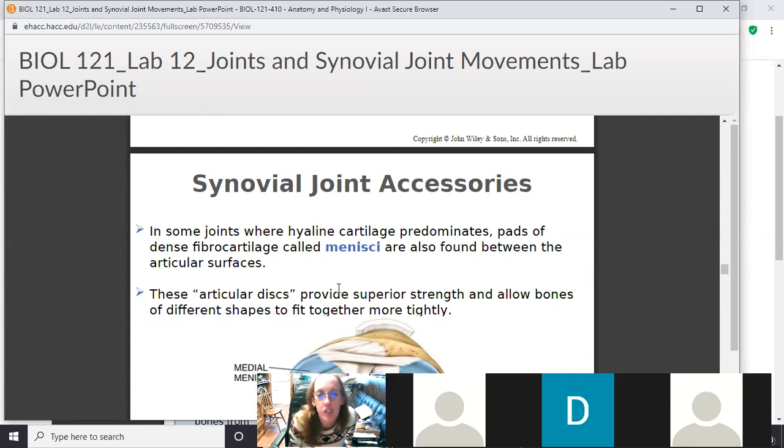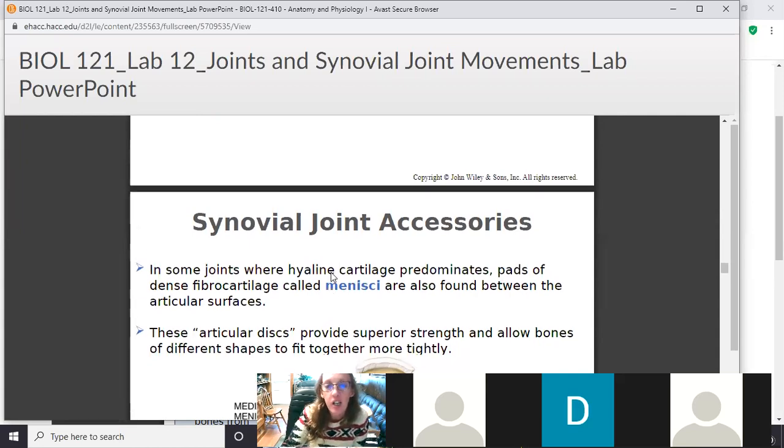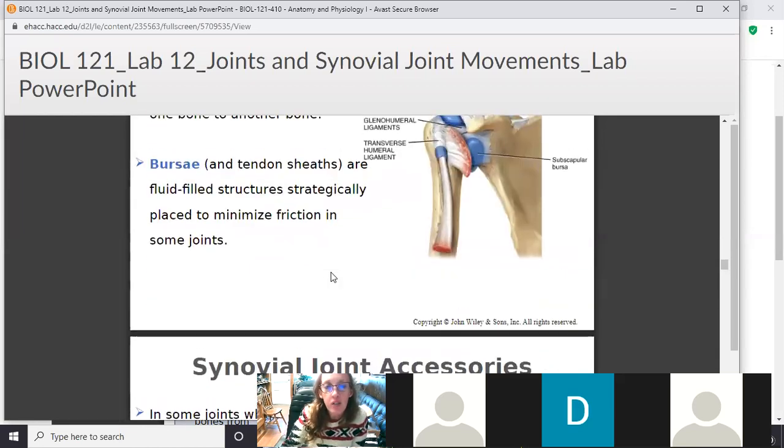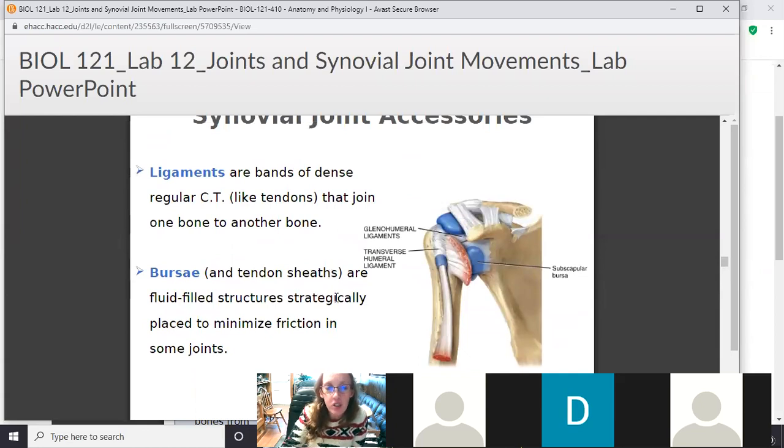In some joints where hyaline cartilage predominates, the pads of dense fibrocartilage called menisci. Let's see here, we didn't finish this. So bursae and tendon sheaths are fluid-filled structures strategically placed to minimize friction in some joints.